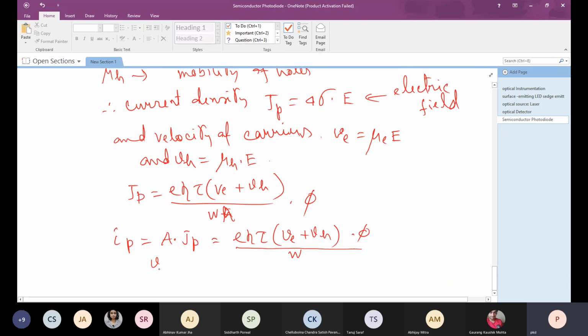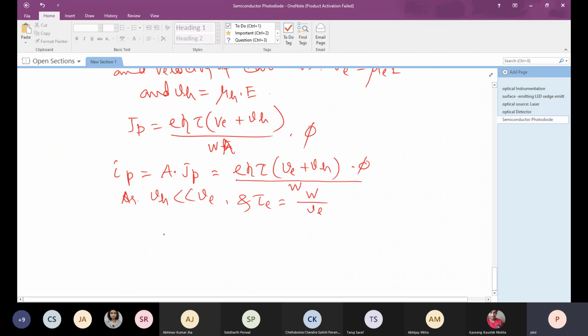As VH is much less than VE, and tau E, the transit time, is W by VE, IP is approximately equal to e eta tau by tau E into phi. This tau by tau E is the photoconductive detector gain.